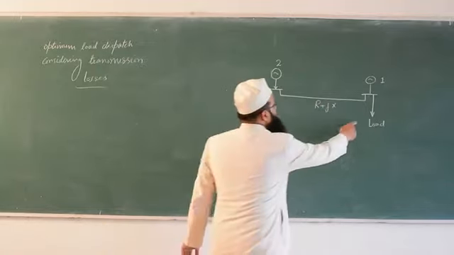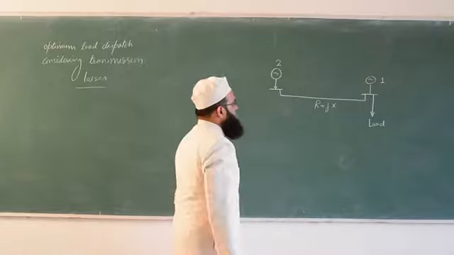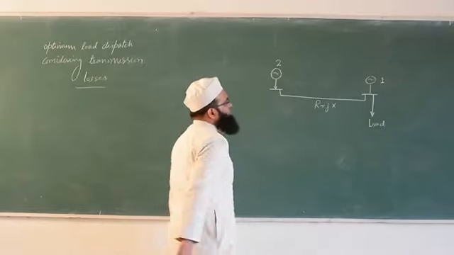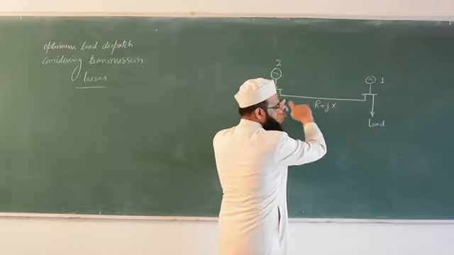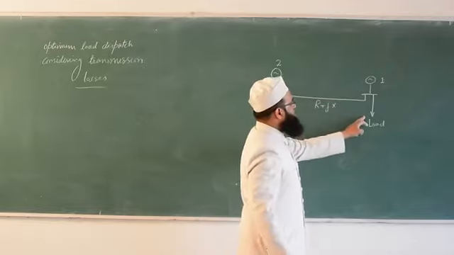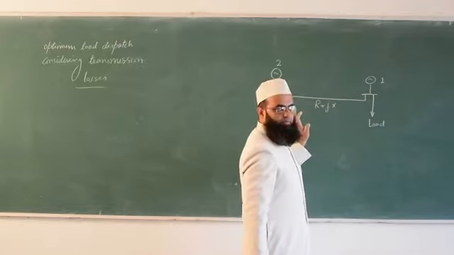As the load is near to unit 1, unit 2 has to supply the additional loss occurring through the line, apart from the load, while supplying the load.